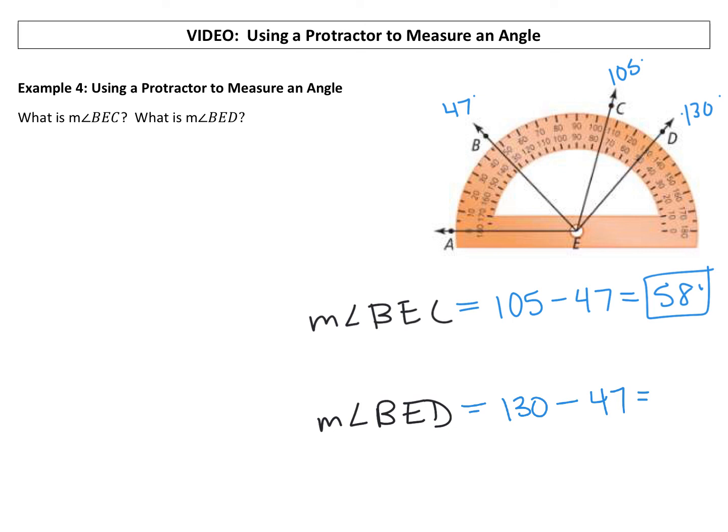And we get 83 degrees. So the measure of angle BED. All right, there's your protractor.